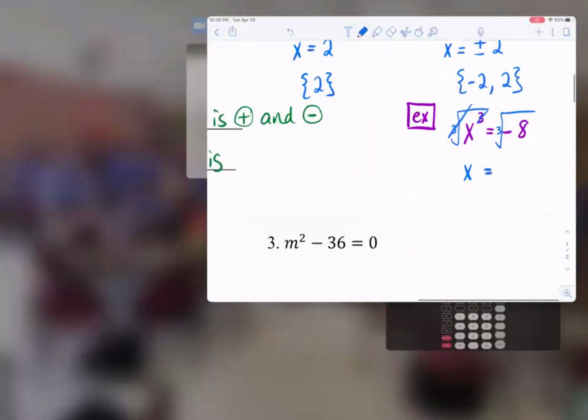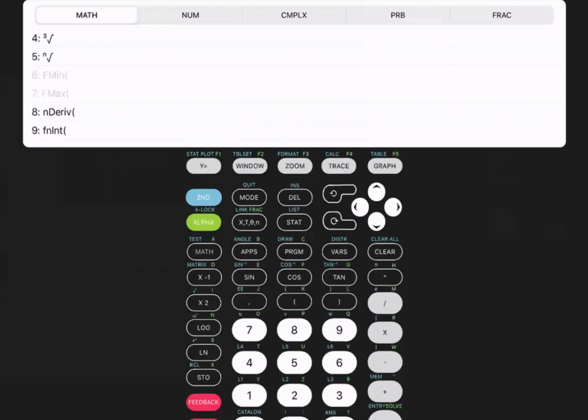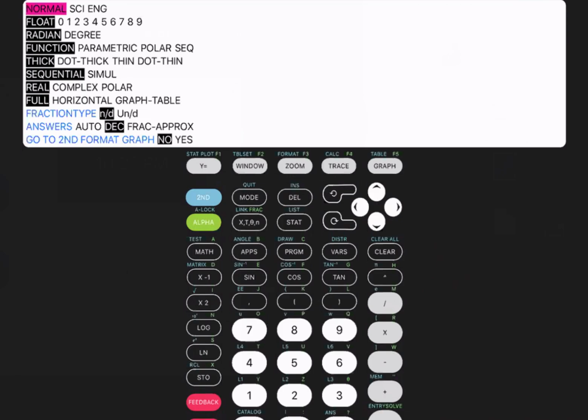I'm not sure why my calculator gave me a weird answer. I'm going to try this one more time. So, negative 8. I'm not sure why it's giving me a strange one. Okay, well, my calculator is not doing it correctly, but here's the thing.